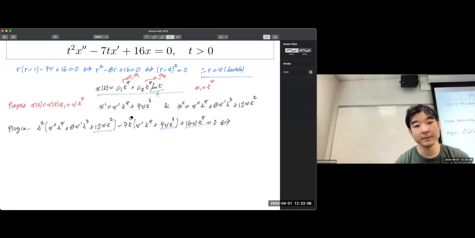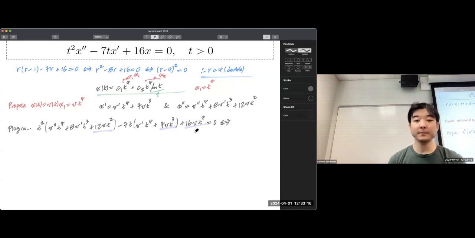Those will combine. So 12 plus 16 is 28. And then negative 7 times 4 is negative 28. This is a t cubed and a t, so they're all going to be t to the 4, so we're good. These will all cancel each other when they distribute out.